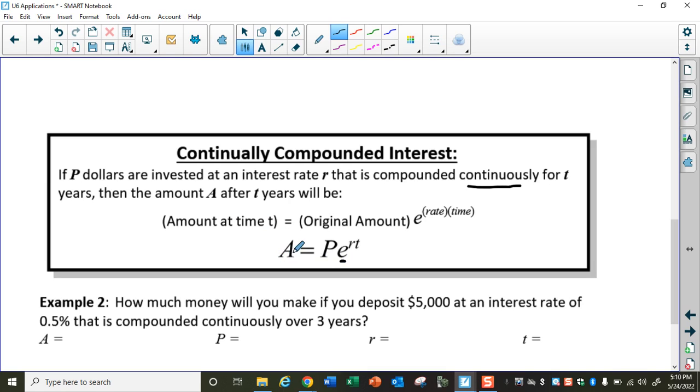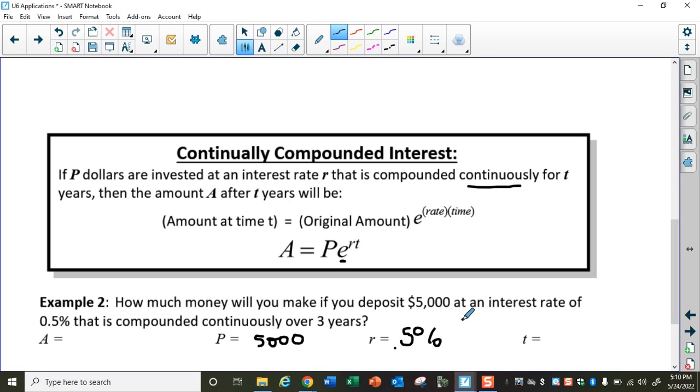The amount that you have at time t is equal to P, which is, again, the principal. It says, how much money will you make? So that's what we don't know. I'm depositing $5,000, so that would be my principal. My interest rate is 0.5%.